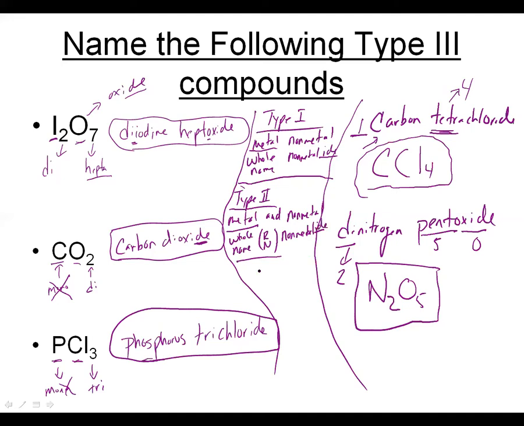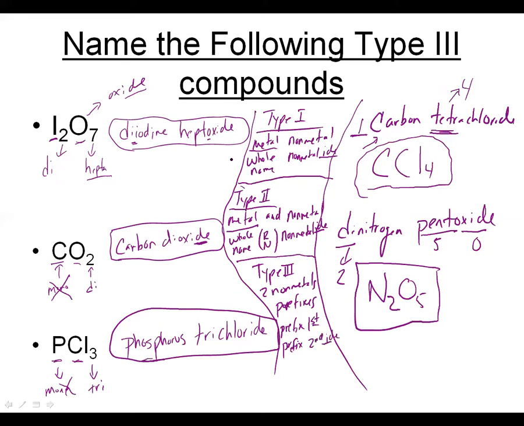And type 3, as we just talked about, is 2 non-metals with our prefixes. So prefix in our first name, the whole name, and prefix for our second name that gets the IDE at the end.